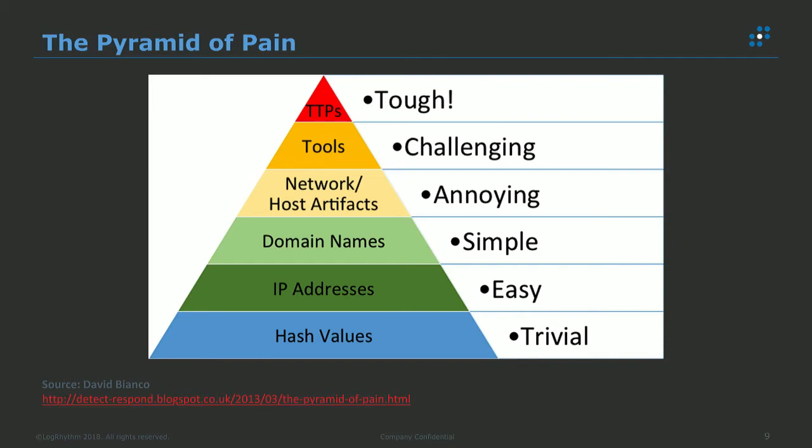And the reason for that is looking at the lower end of the pyramid. If we talk about hash values and IP addresses, particularly around nation-state sponsored attacks and targeted attacks, those infrastructure artifacts, for example domain names and IPs, or even hash values, have generally a very short shelf life.